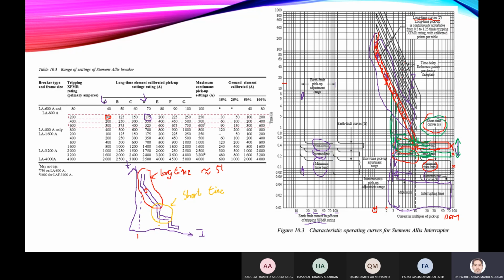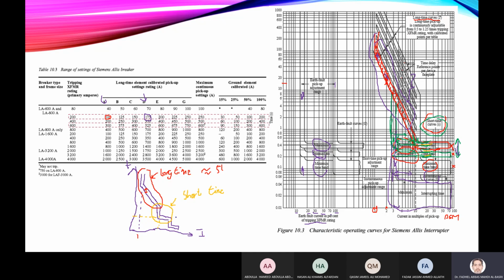Its pickup setting is this one, where it operates, and its time setting is this level, which is here. I have three bands for the time setting: medium, low, and high.